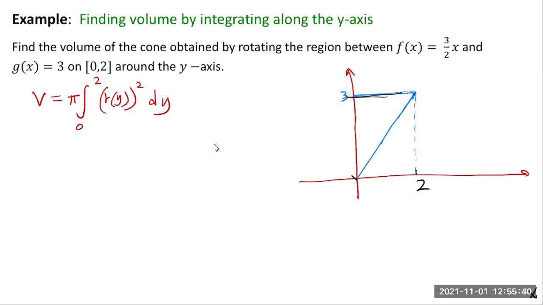This is the region between f of x and g of x on the interval 0, 2. So you need to rotate this region about the y-axis now. If you rotate this region about the y-axis, you will get a solid like this. This is the solid that you get.